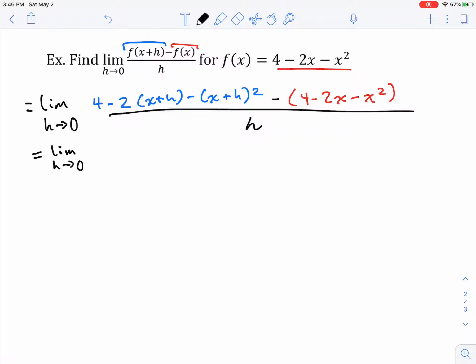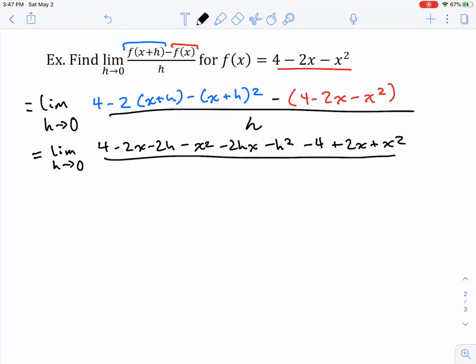Sometimes in order to clean things up, you've got to make things a little messy first. So we've got 4 minus 2x minus 2h minus x squared minus 2hx. Be careful with your signs. Remember, you're distributing a negative each time. Minus h squared, minus 4 plus 2x plus x squared. And all of this over h.